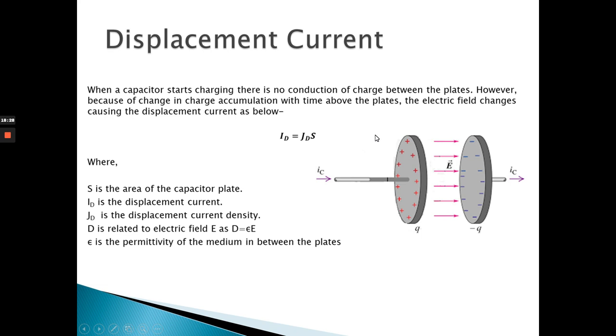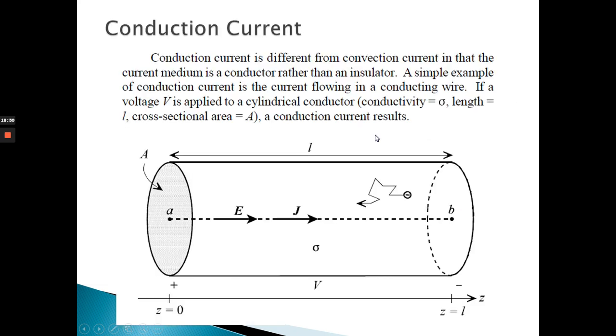Now we go to conduction current. In conduction current, basically, we look at how free electrons move when a voltage, meaning an electric field, is applied. Let's say we apply a positive and negative field. Due to the attraction of the positive side, all the electrons tend to go that way, but the current goes in the opposite direction to the movement of the electrons.